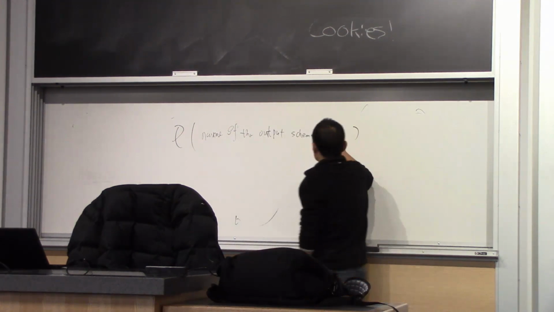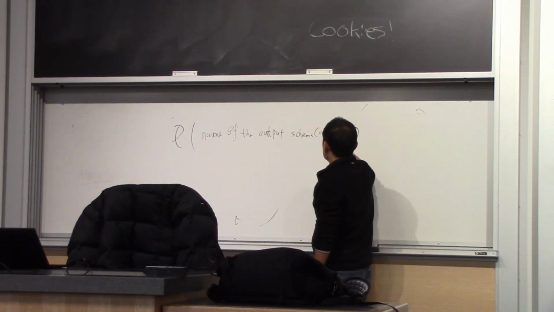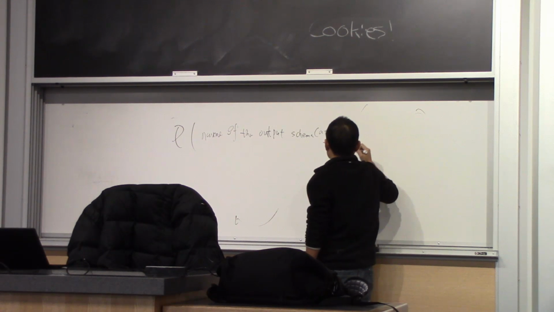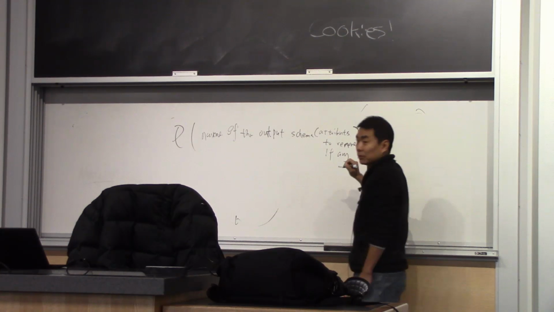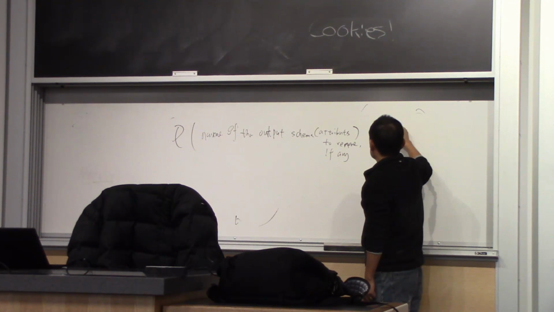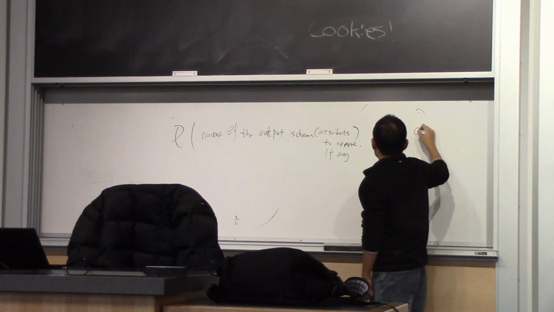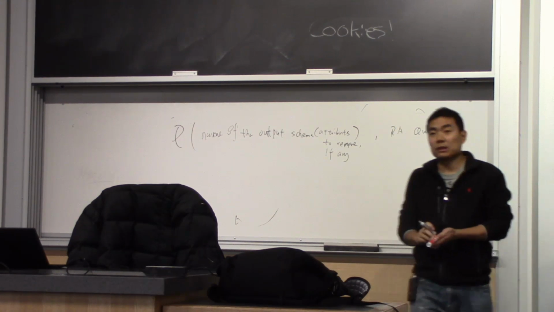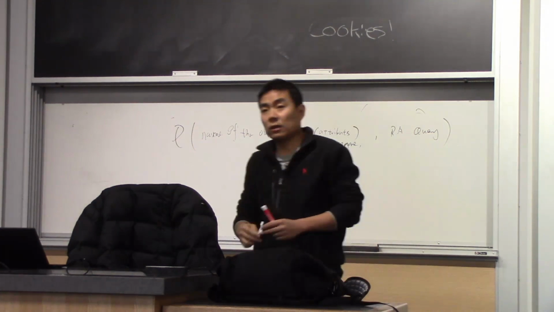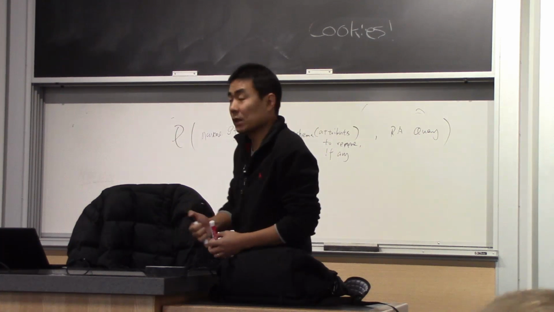Followed by the attributes to rename, if any. You don't have to rename any attributes if you don't want to. Followed by your relational algebra expression. Okay? So that's the general convention of the renaming operator that we have discussed.